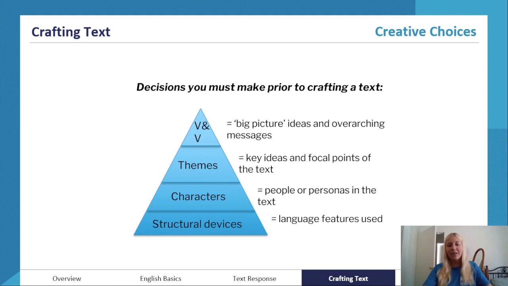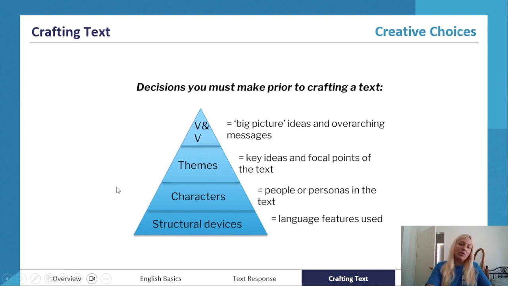Back to the pyramid of structural devices, characters, themes, views, and values. Now, I did say that you will need these skills all year, and we can already start to see the overlap. But for this area of study, just like for text response, you need to be able to work with all of these four elements and include all four elements in your work, except this time you have to do it as the author yourself.